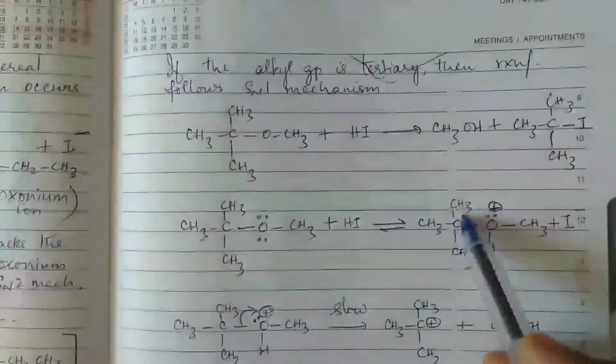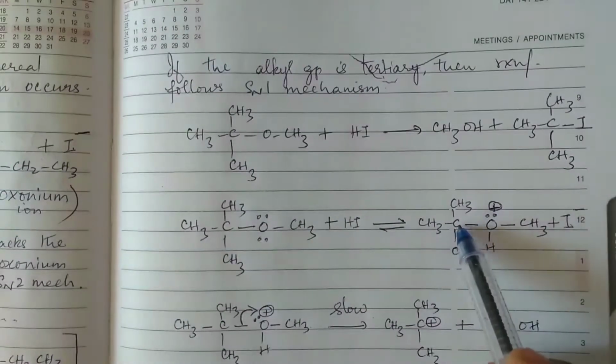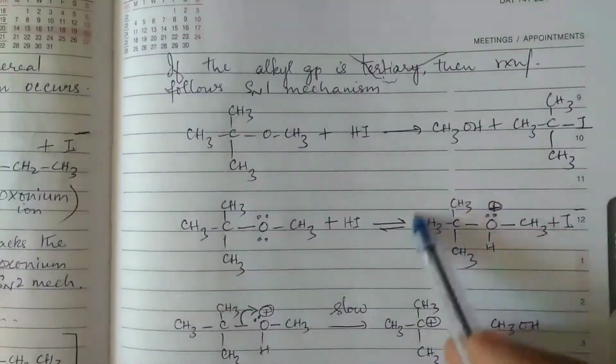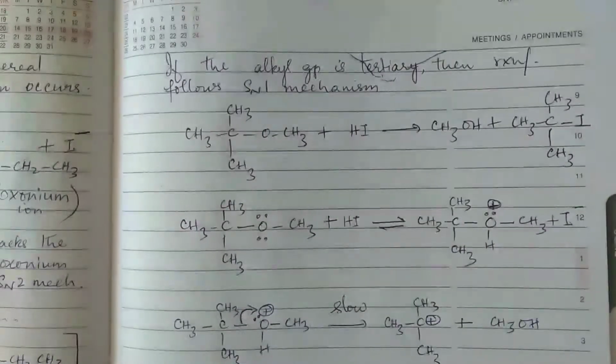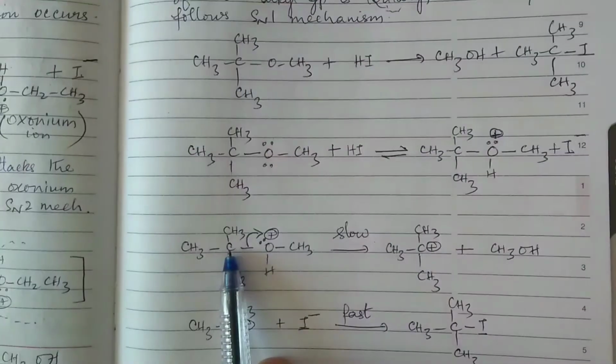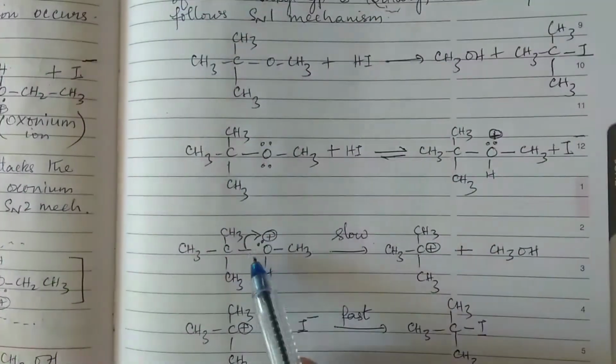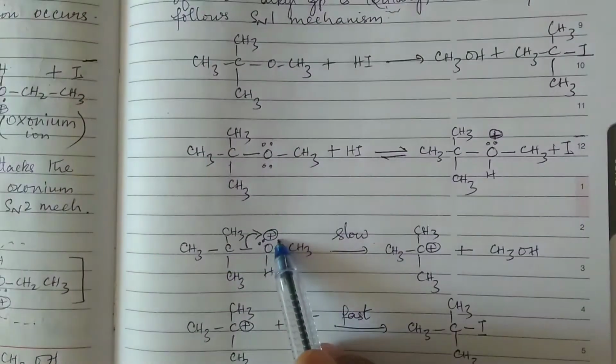You know very well that if the positive charge from here changes here, then you get a tertiary carbocation which is more stable. So what happens? The bond between C of the tertiary group and oxygen shifts towards the positive charge on oxygen, so that this gets eliminated as CH3OH.